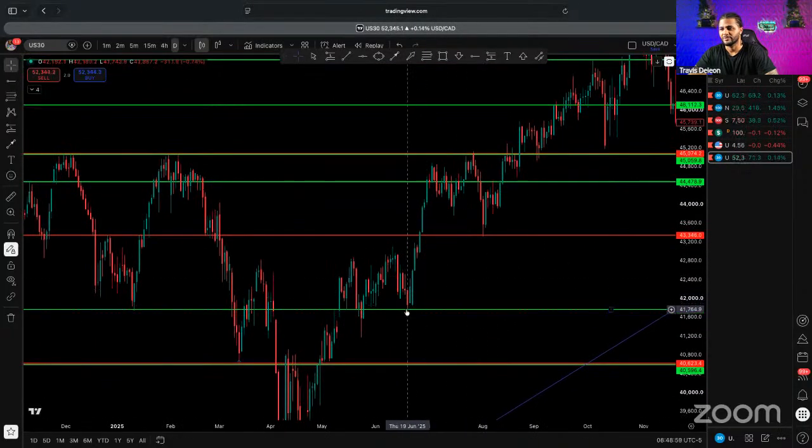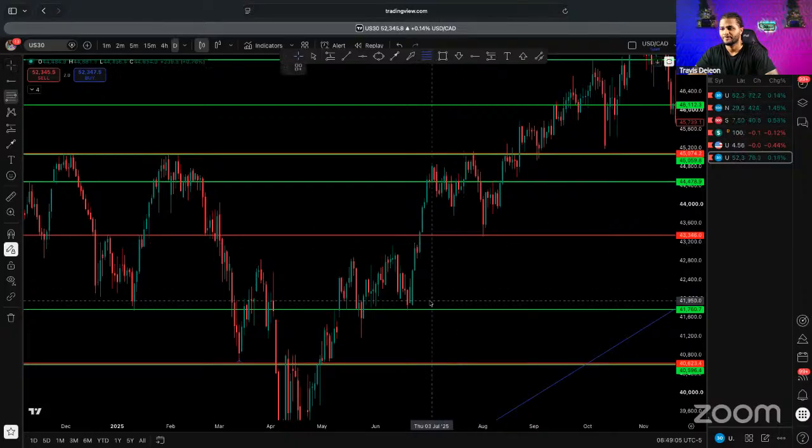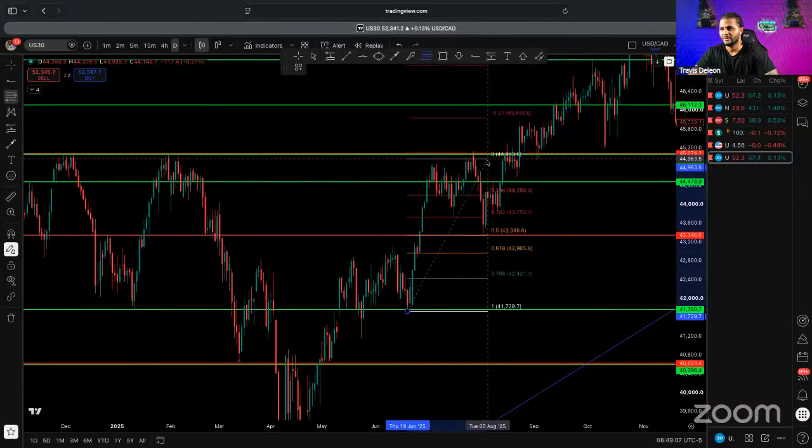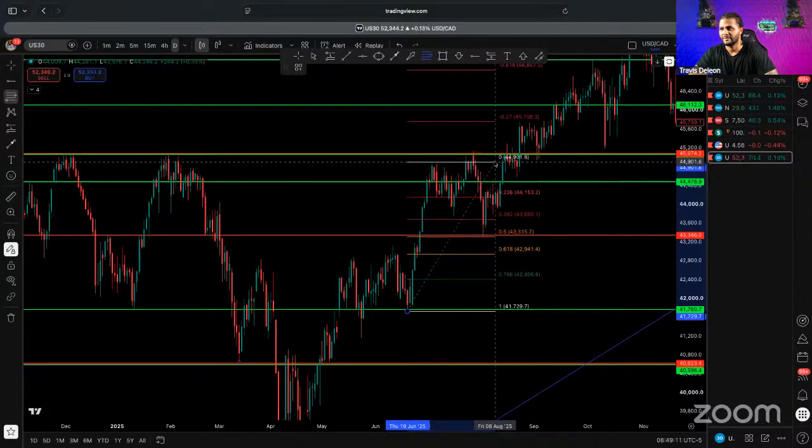Just for another example right here, price pushed up from the 41,765 level and came all the way up here. Well, right here first.